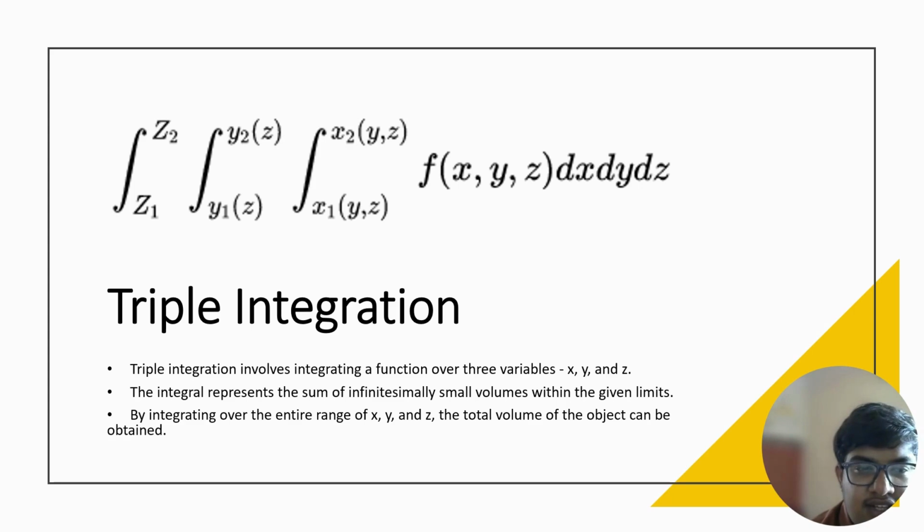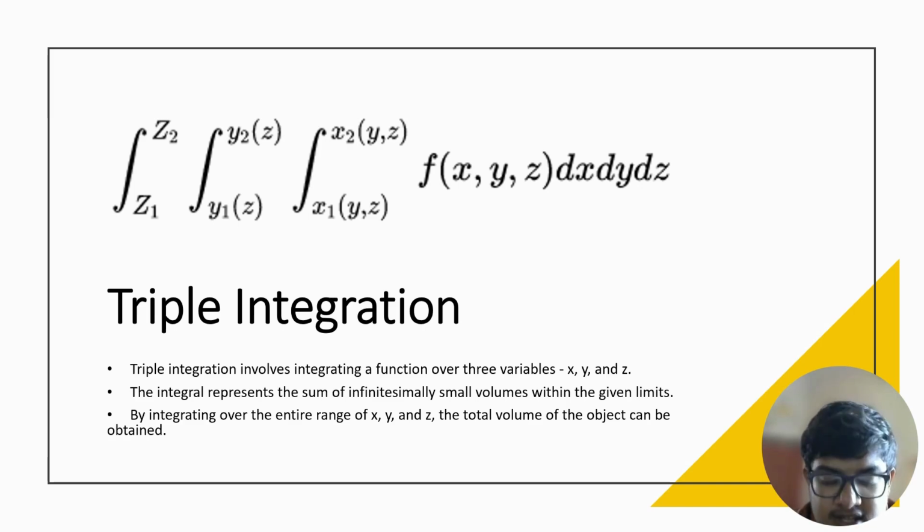The z1 z2, y1 y2, x1 x2 represent the limits of your integration, and dx dy dz represent the order in which it will take place. Triple integration involves integrating a function over three variables, that is x, y, z.